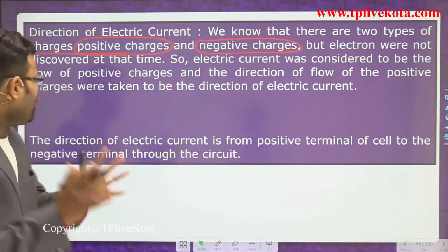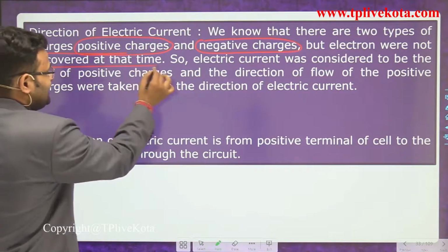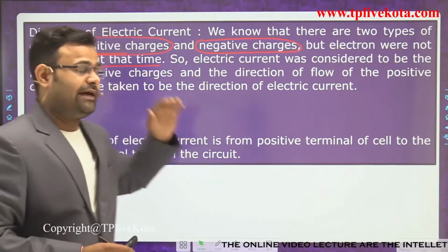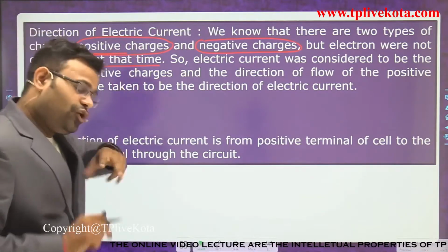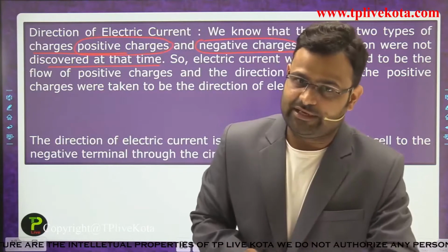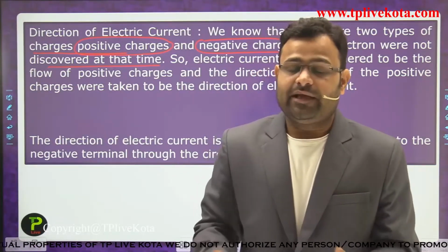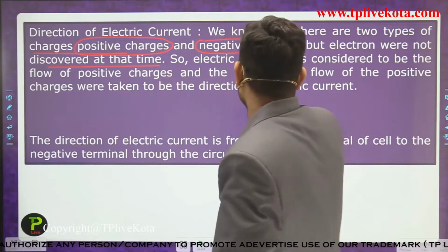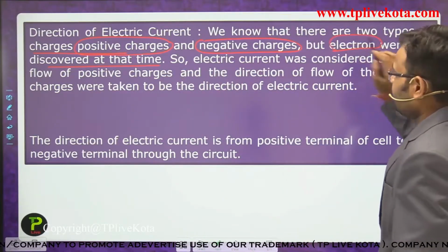But electrons were not discovered at that time. If you are talking about the direction of an electrical current, we know that there are two types of charge, positive and negative, but we don't have any information about the electrons.